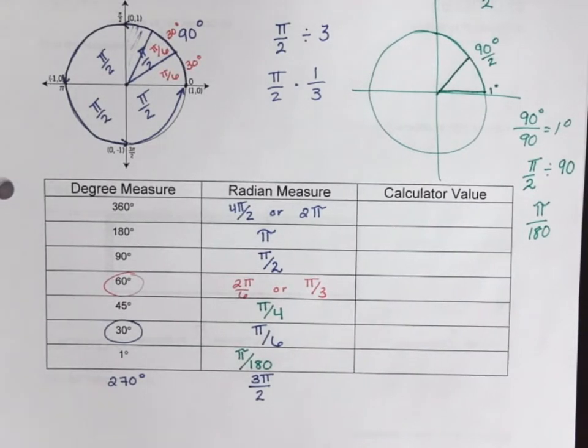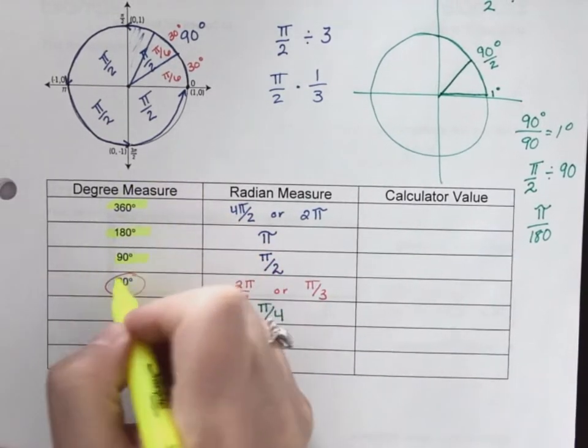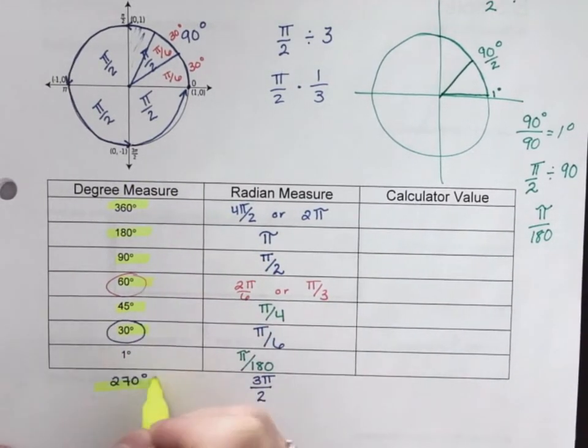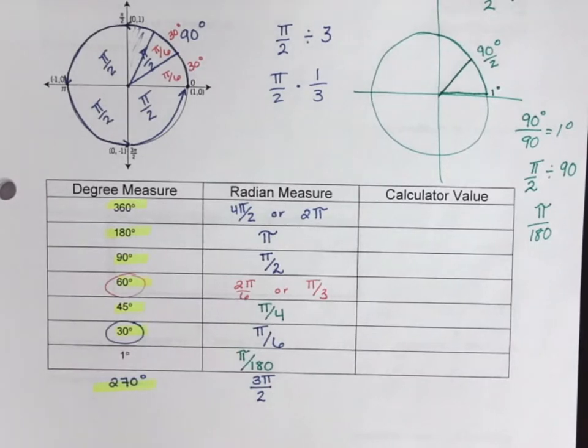I know I made you do a lot of fraction work, but I think it helps you see the connection between the 90 degrees and all the other pieces. I'm going to tell you that these angles are what you're going to memorize, and then you're going to memorize some coordinate pairs to go with them.